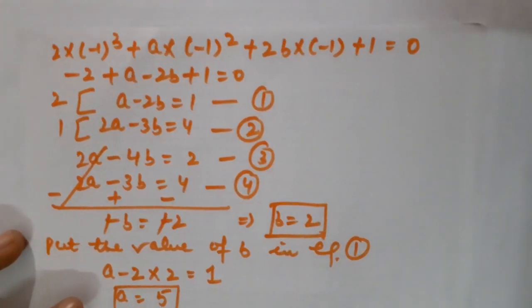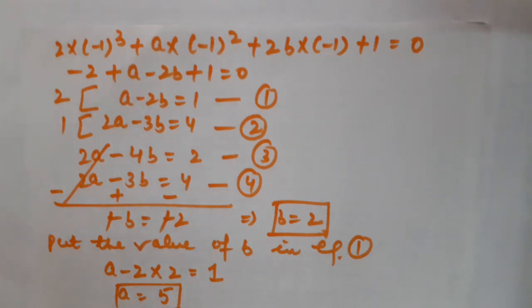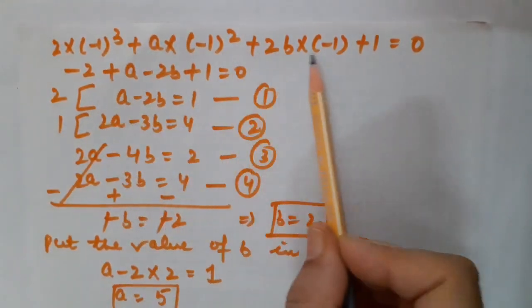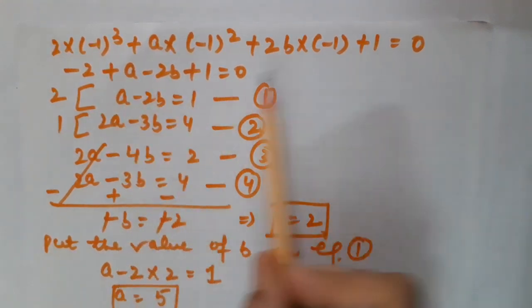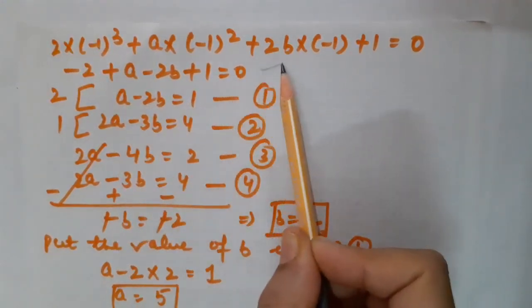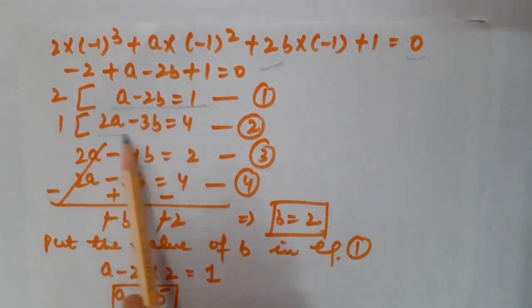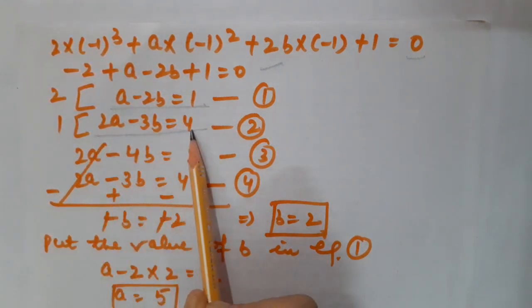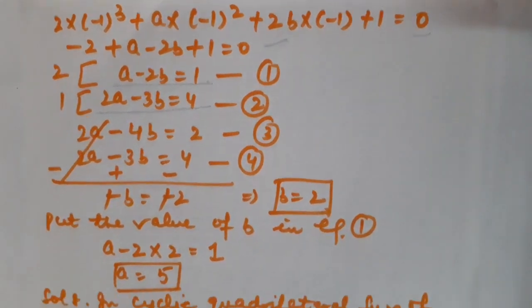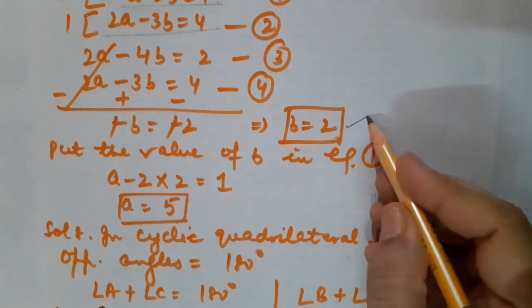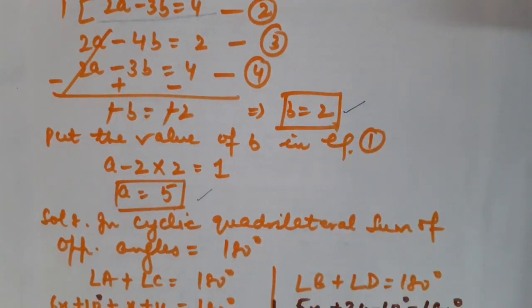So if I put x is equal to minus 1, then the result of the given cubic polynomial will be equal to 0. So from here I have got one equation. Another equation in two variables was given to me. After that I applied the elimination method, you can check, and the values of a and b are here.